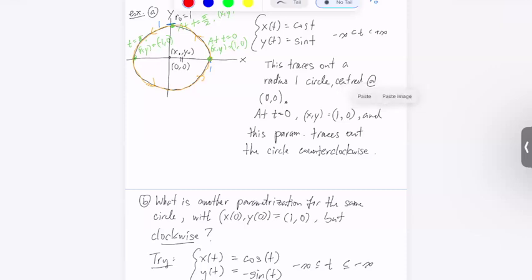If I let x equal sine of t and y equal cosine of t, then I might have to shift time by pi over 2: sine of t plus pi over 2 and cosine of t plus pi over 2, to make sure that at t equals 0 you're at sine pi over 2, cosine pi over 2, which should bring you here.